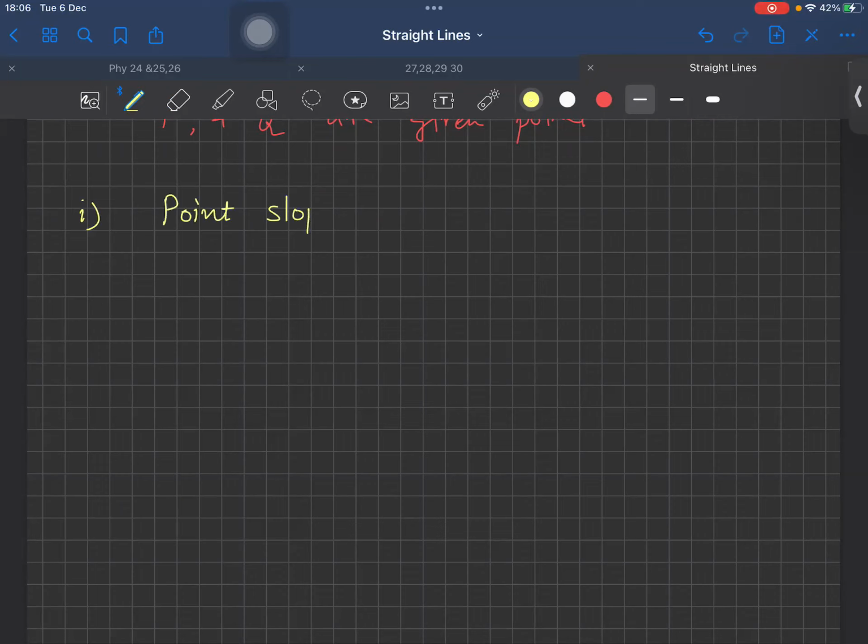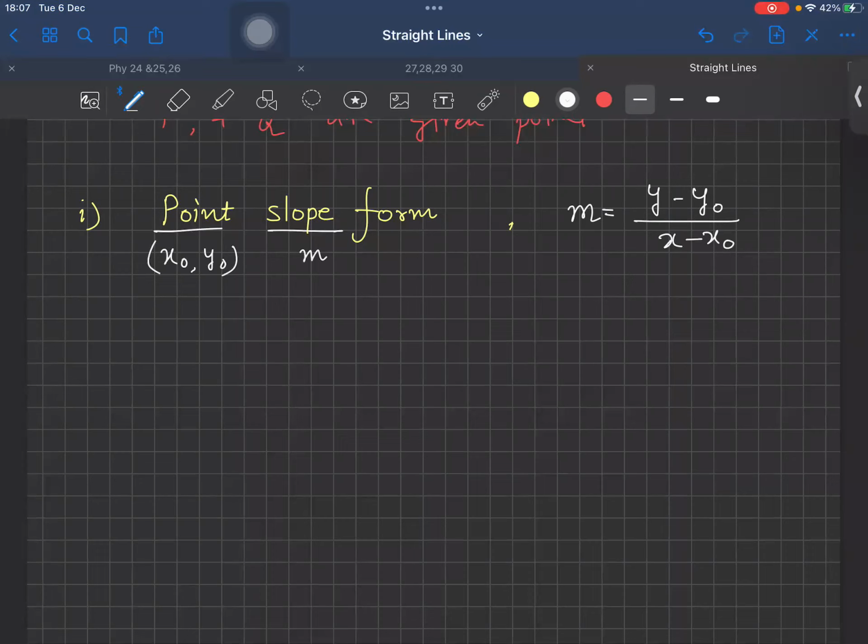One point is given, and the slope is also given, m, where m is equal to y minus y naught upon x minus x naught. It will be given in the problem. Then you can write y minus y naught is equal to m times x minus x naught. This will be your equation of line.